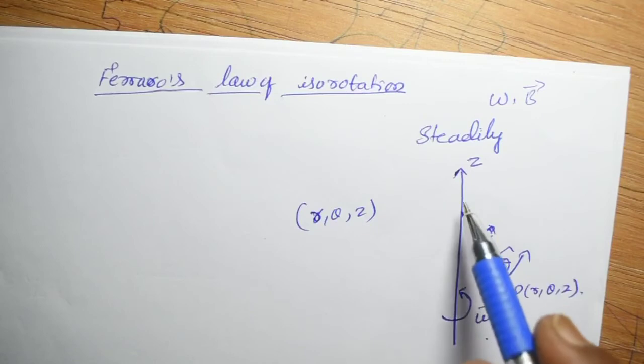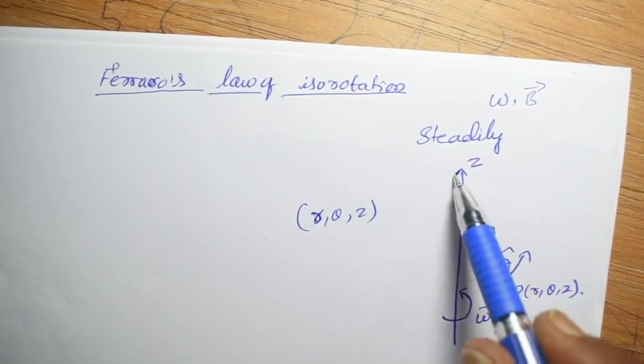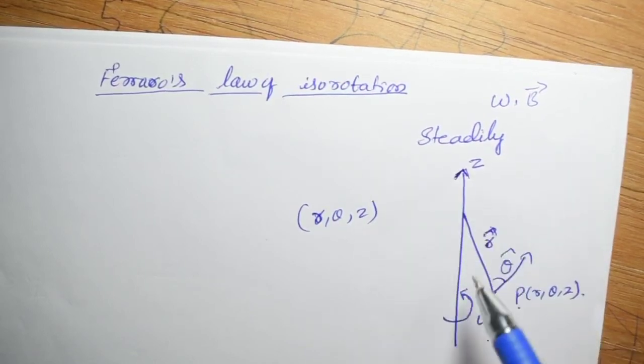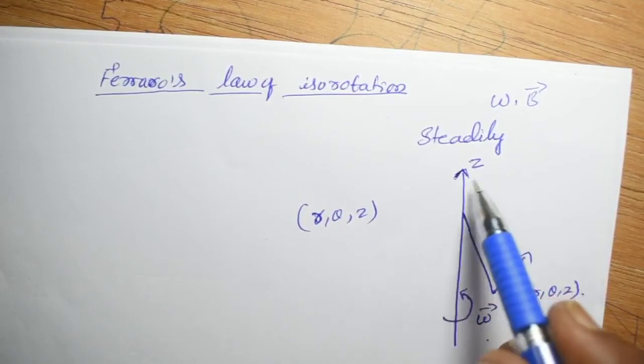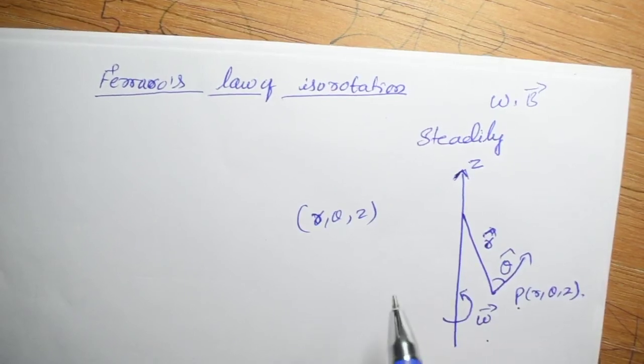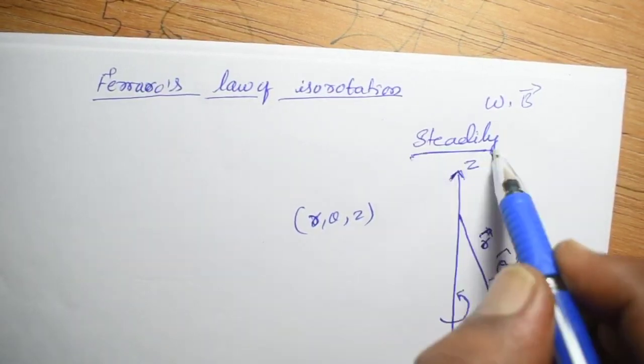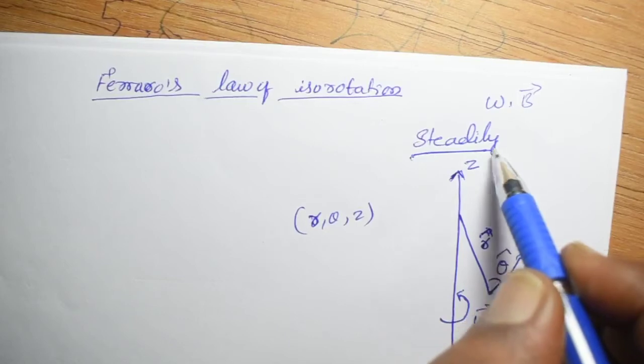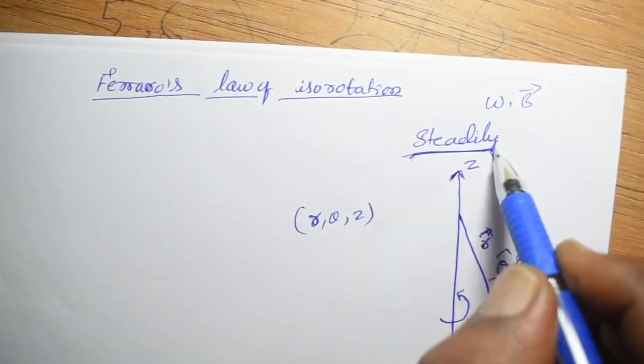Here the axis is the z axis. Now the fluid is rotating about the axis z with angular velocity omega.